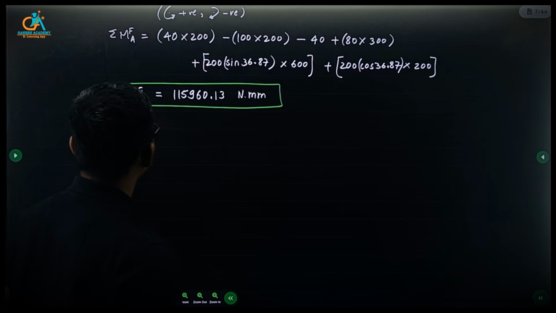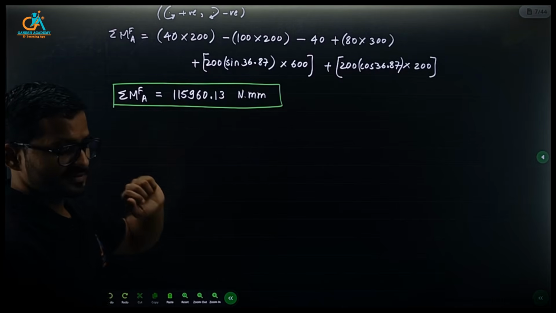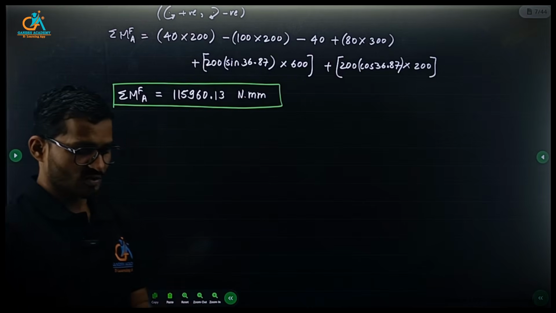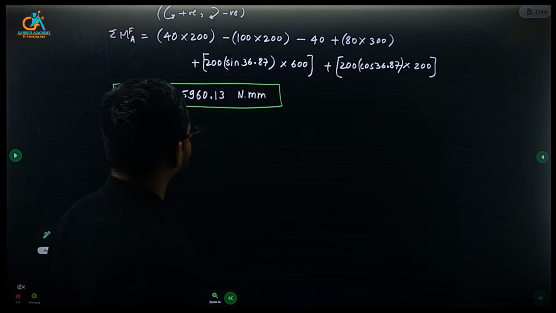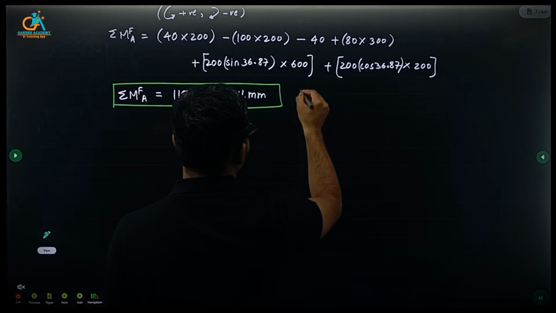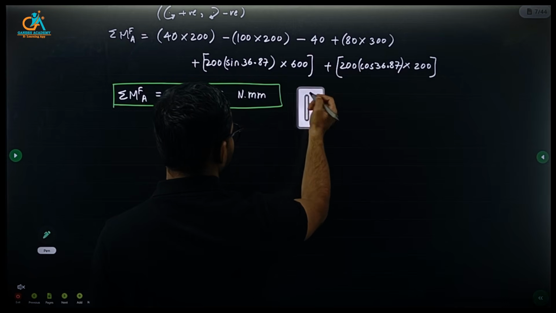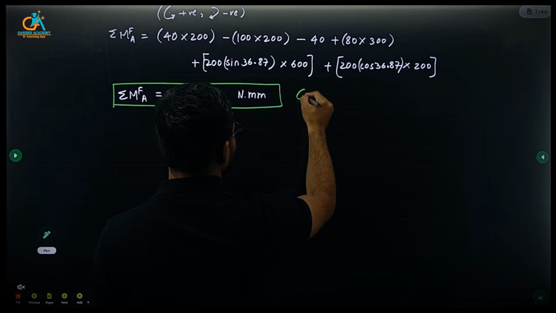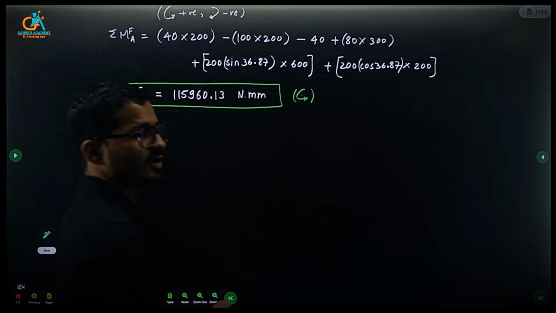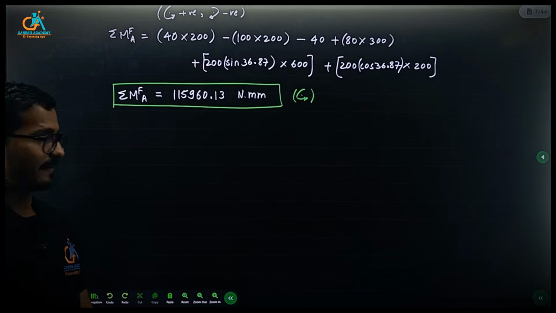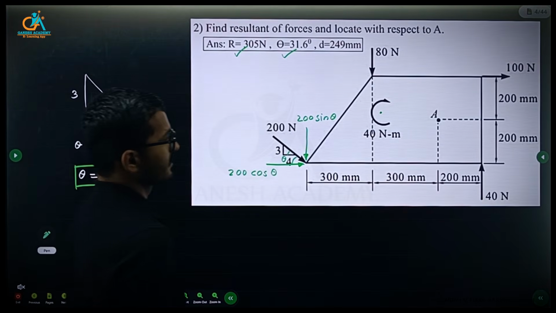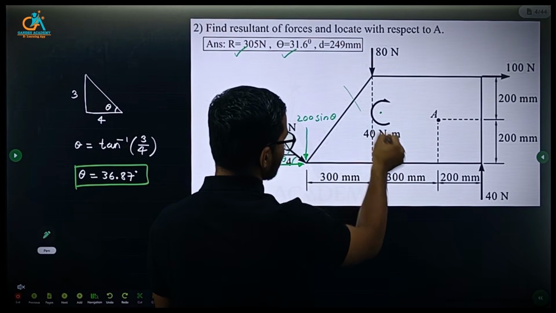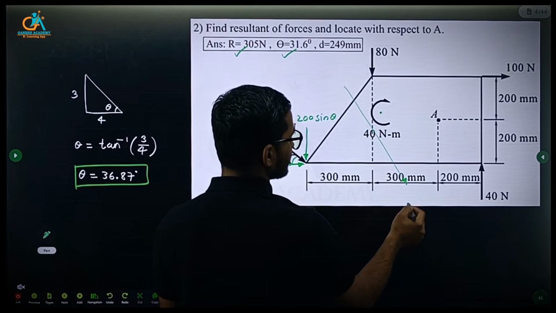So next, the sign of this is positive, right? That means this moment is anti-clockwise as per our assumption. That means the resultant will produce anti-clockwise rotation about A.